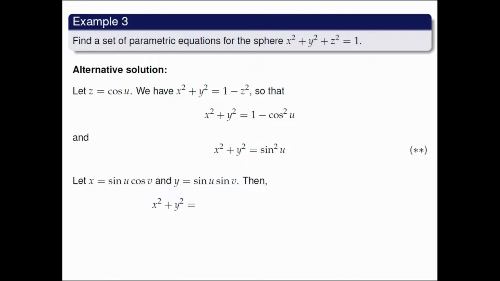Then, x squared plus y squared equals the square of this plus the square of this, which is equal to this expression. Factoring out sine squared u, we get this one. But cosine squared v plus sine squared v equals 1. So x squared plus y squared equals sine squared u. This is consistent with this equation.